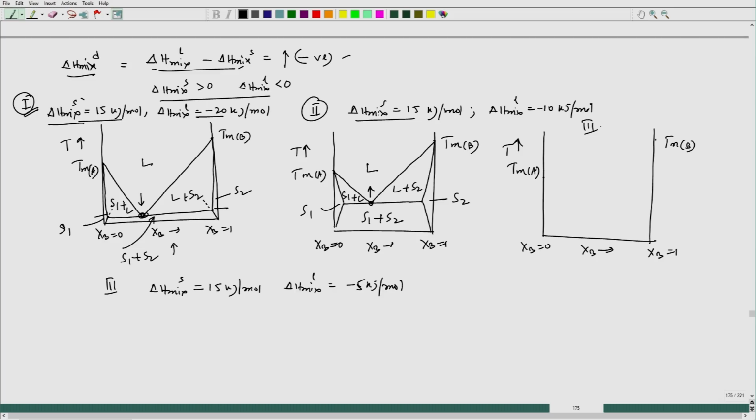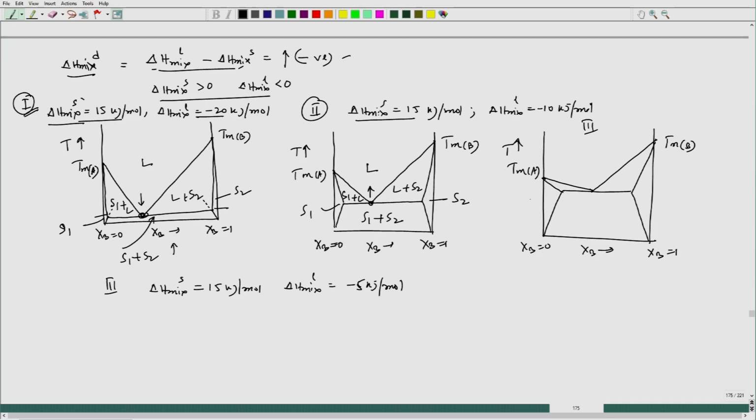So, I will see that this will further move, we have eutectic, and this zone will go up. Okay.